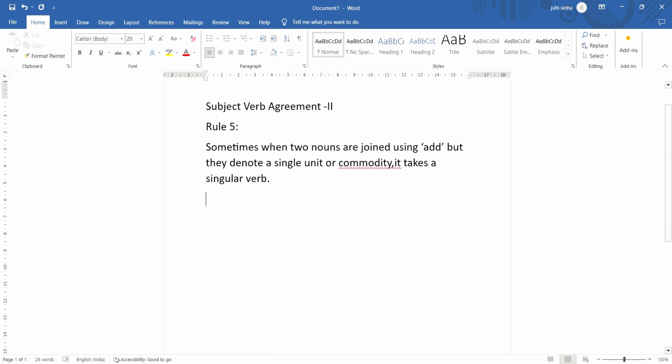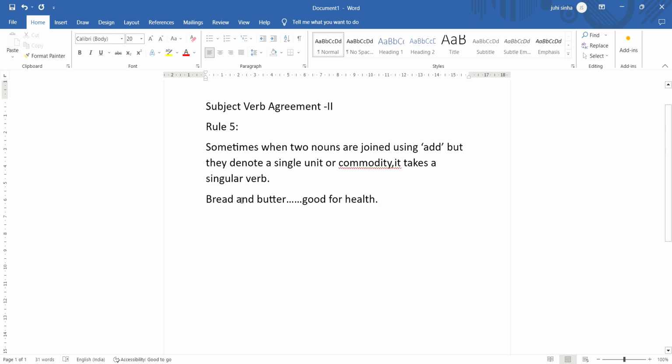Let's take up a sentence. Bread and butter is good for health. Now, in this sentence we have two nouns. One is bread, another one is butter.